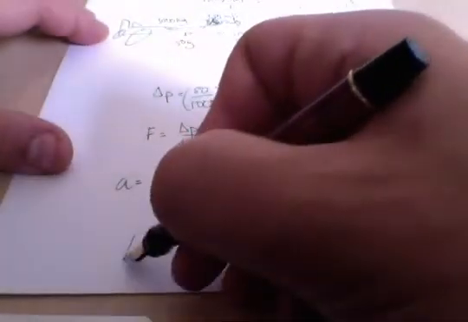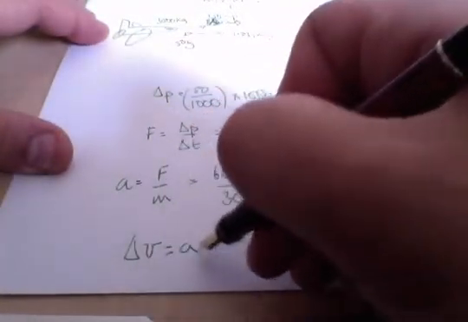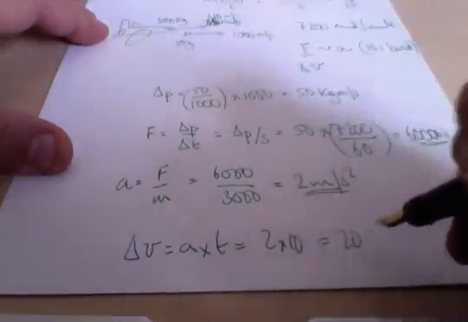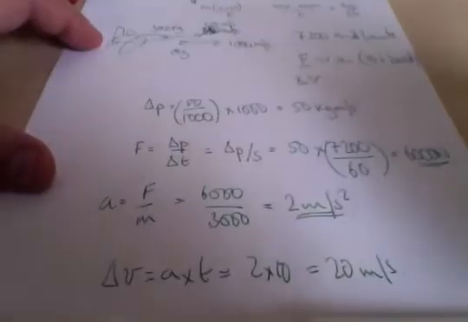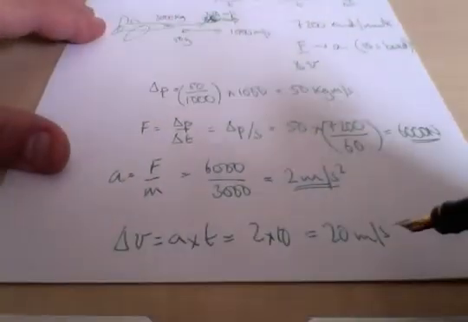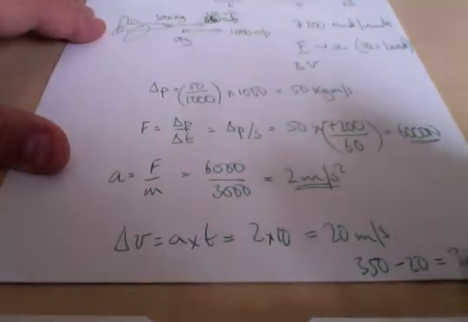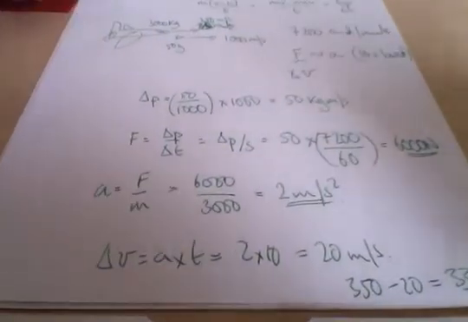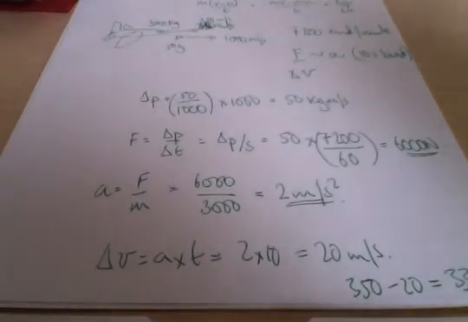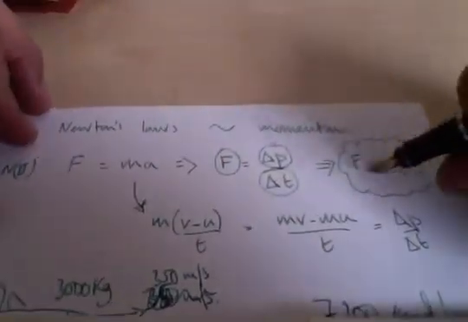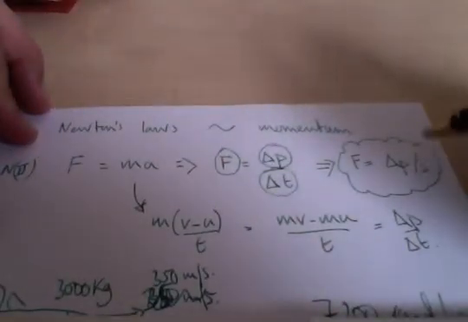And for a 10-second burst, the change in velocity is acceleration times time, 2 times 10, giving me 20 meters per second backwards. 350 meters per second minus the 20 gives me 330 meters per second left after the burst. So it's really important to get to grips with force being the momentum change per second.